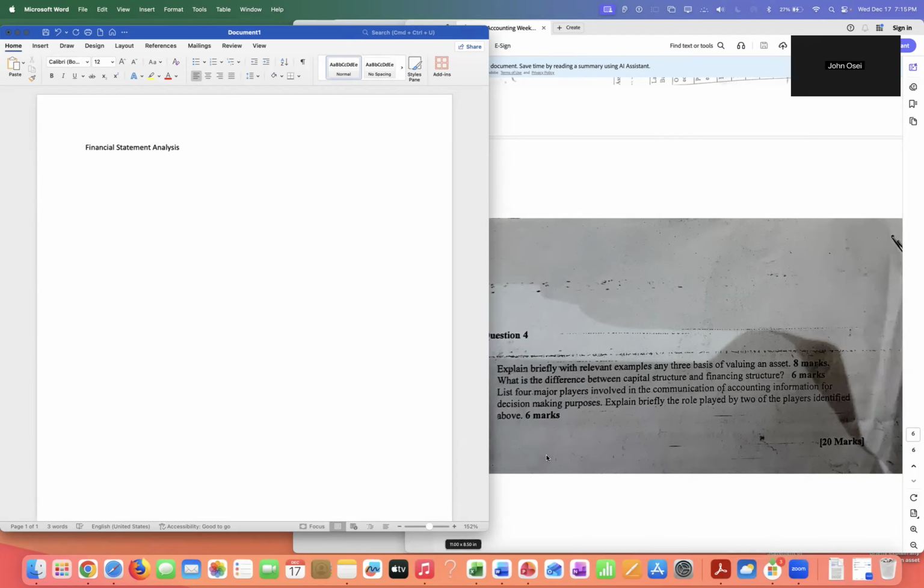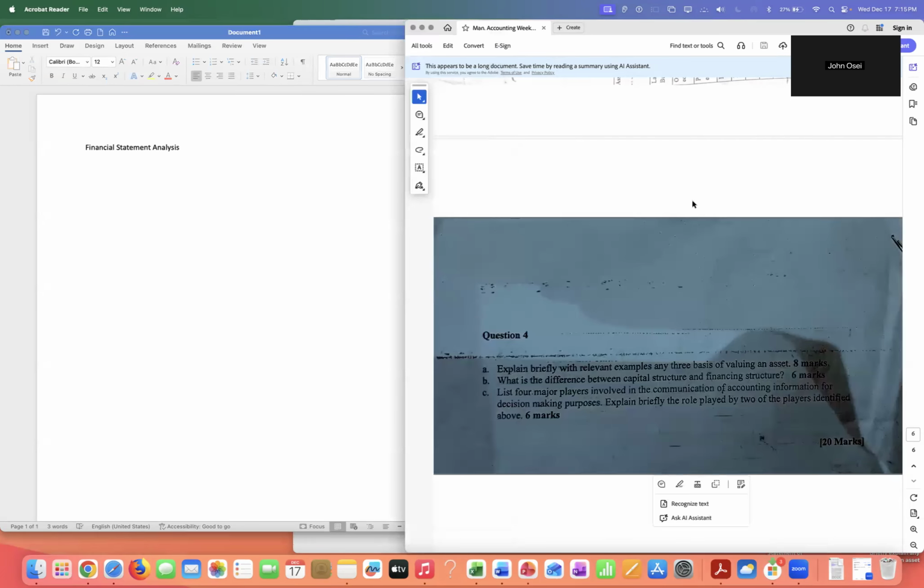Explain briefly with relevant examples the three bases of valuing an asset. And then what is the difference between capital structure and financing structure?